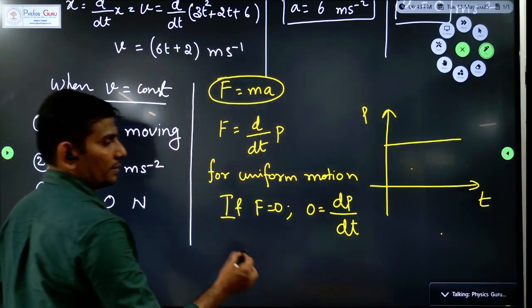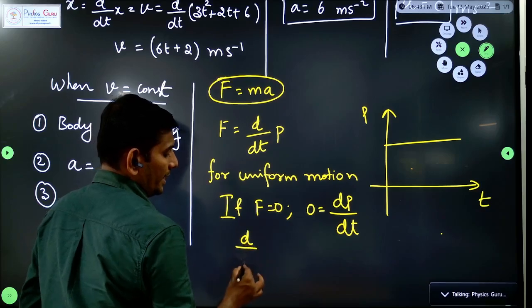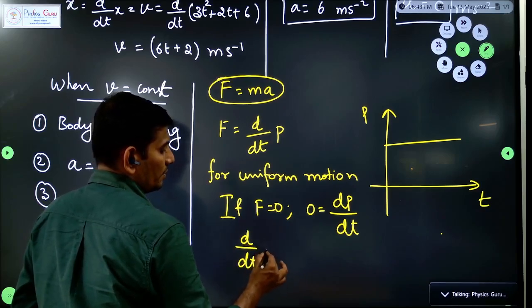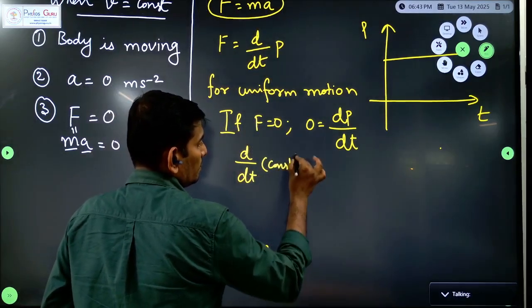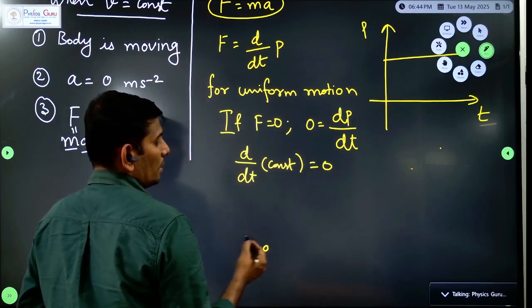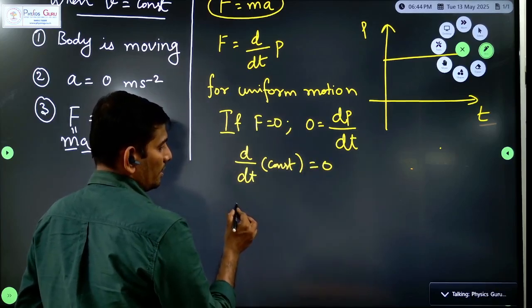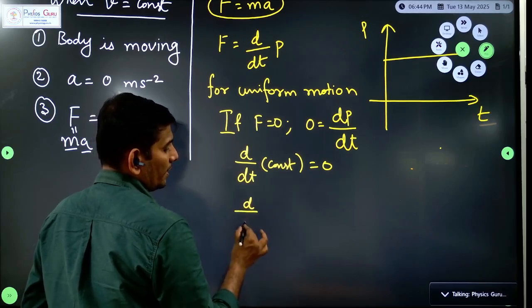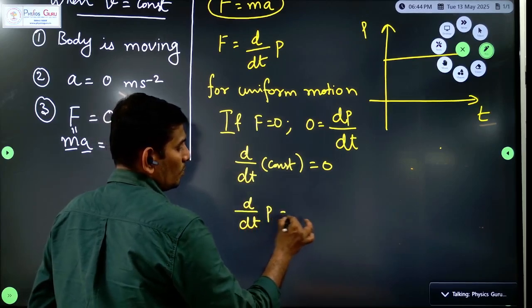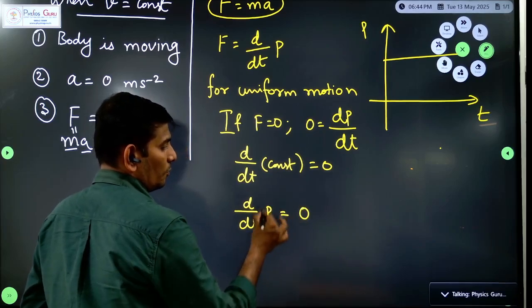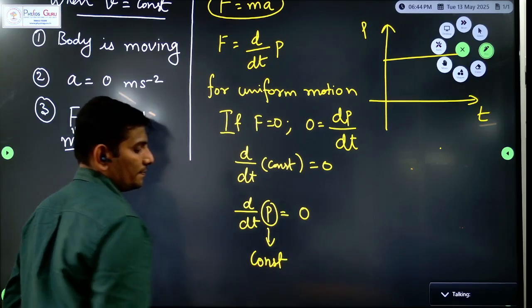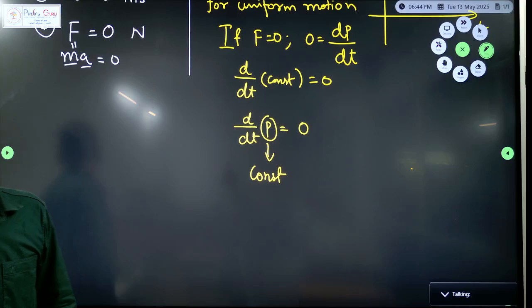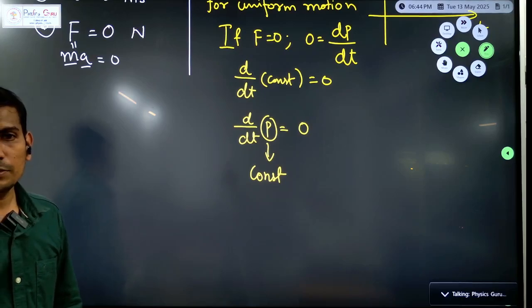Because, you know very well, d by dt of any constant should be equal to 0. And here you learned that d by dt of momentum is 0. Therefore, this momentum should be constant. Correct?